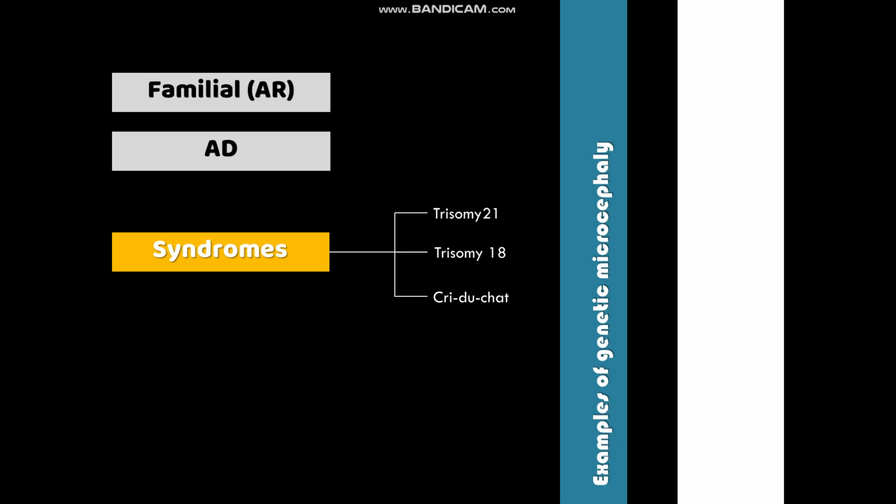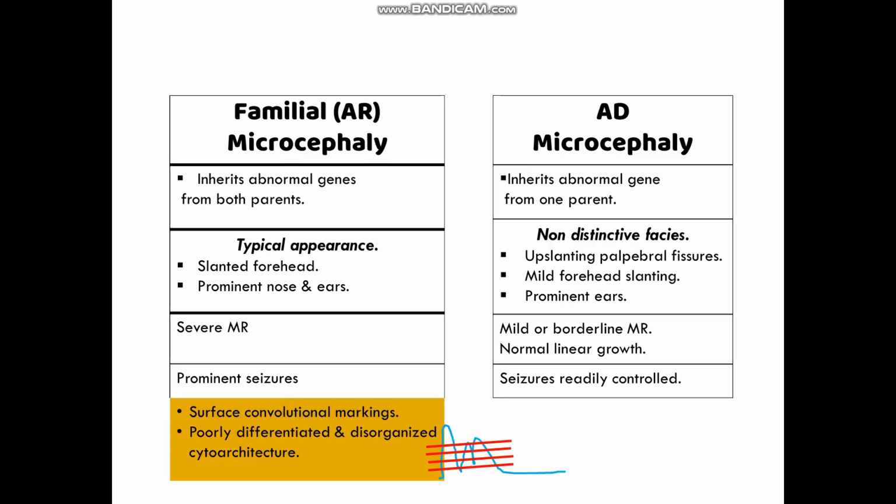So, the examples of genetic microcephaly include the familial or autosomal recessive type, the autosomal dominant type, and the X-linked, which we discussed in brief, and some other syndromes we are going to discuss later on. Here's a little comparison between the autosomal recessive type and the autosomal dominant type of microcephaly.